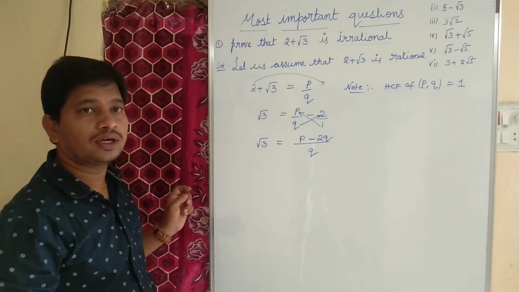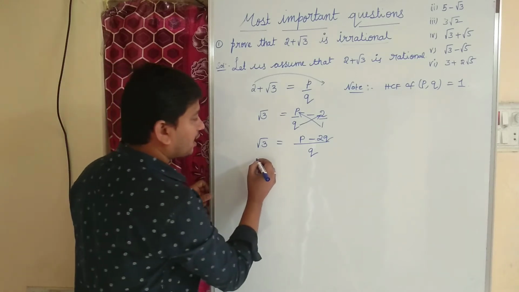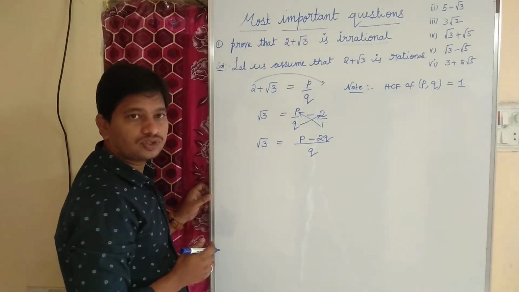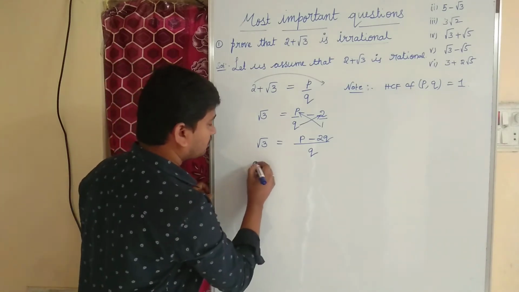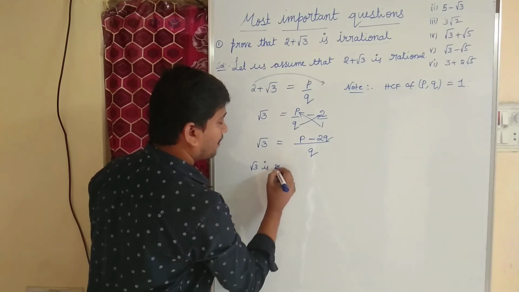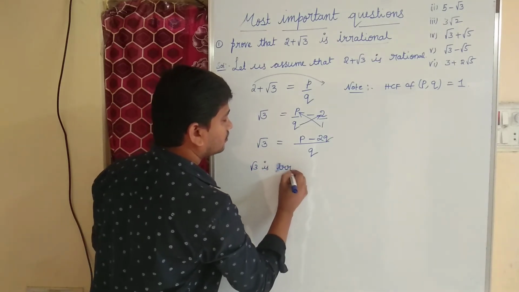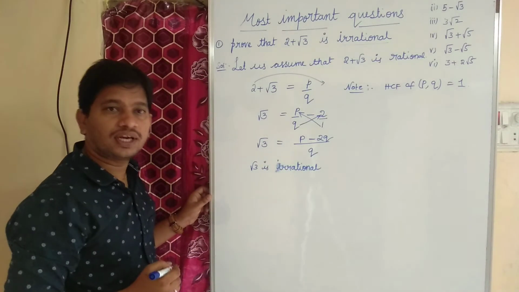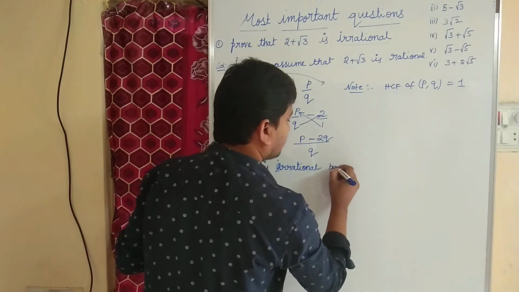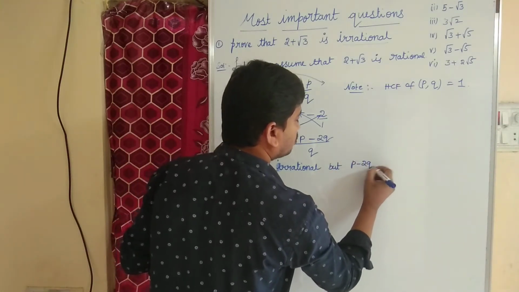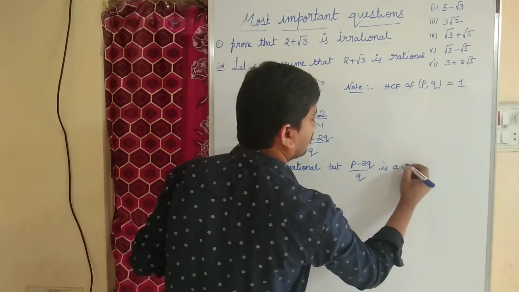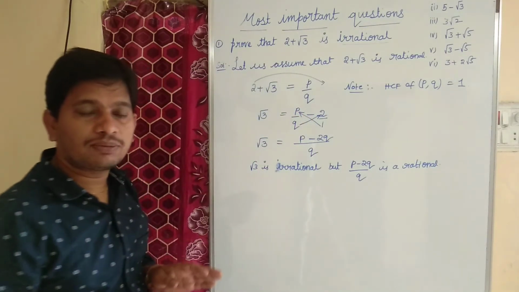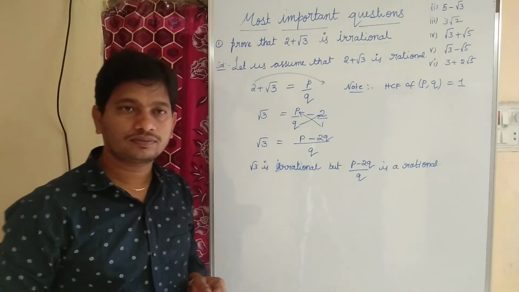As we know, root 3 is irrational, but p minus 2q by q is rational. Rational number in the sense it should be in the form of p by q.